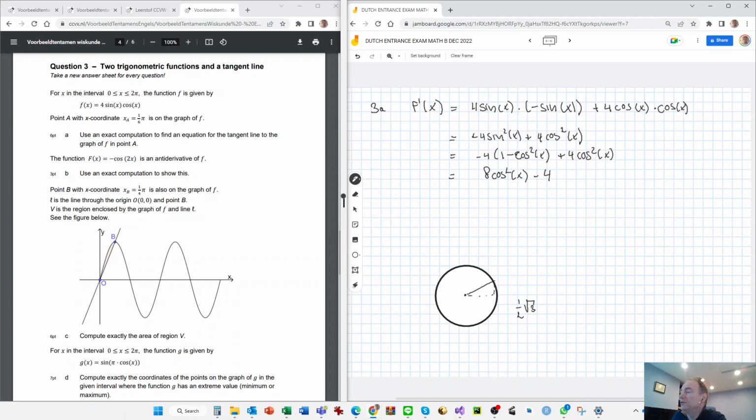You need to remember the 45 degrees, 60 degrees as well. So this is 8 times 1/2 square root of 3 squared minus 4. It's 8 times 1/4 times 3 minus 4, this is 2 times 3 is 6, minus 4 is 2. So the slope is 2.